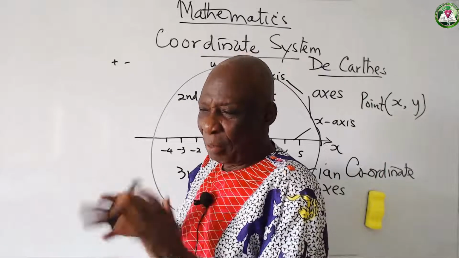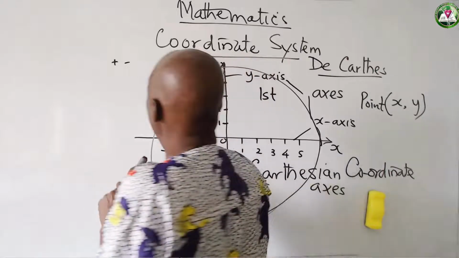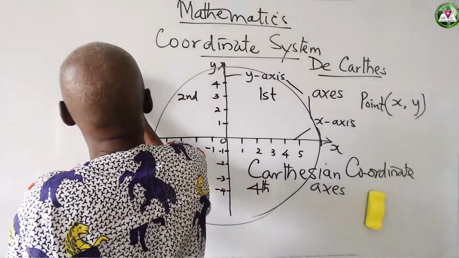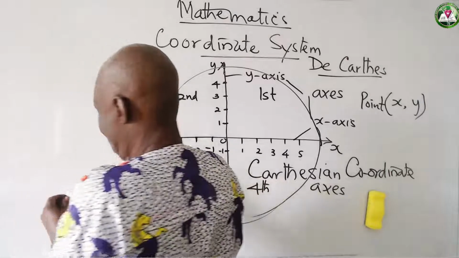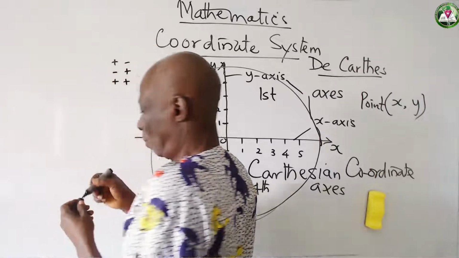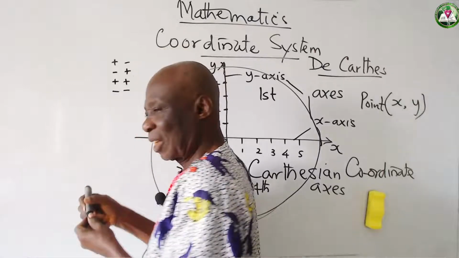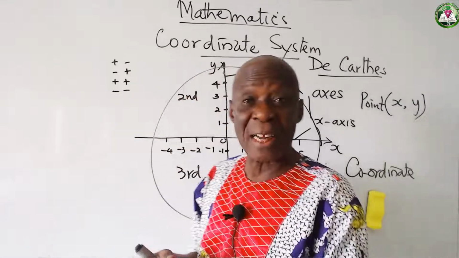How many possible arrangements are we going to get? These two. So we now have positive and negative. Can't we have negative and positive? Can't we have positive and positive? Can't we have negative and negative? That is how he got his 4 quadrants.